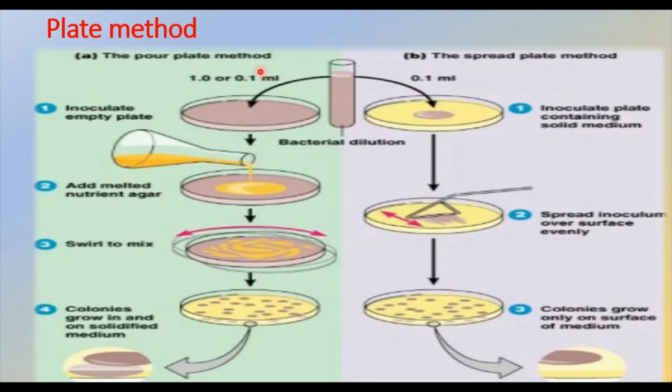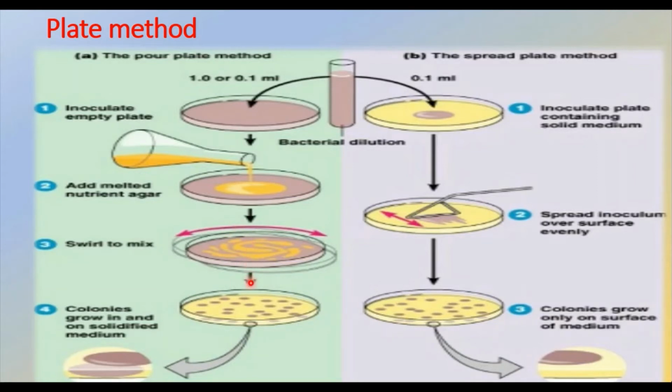Here you can see the pour plate method and the spread plate method. What is happening in the pour plate method? First of all, we take the bacterial dilution, and you take a plate and put your sample in it first. You inoculate, and then you add the melted nutrient agar and swirl to mix the medium and the bacterial dilution or suspension.